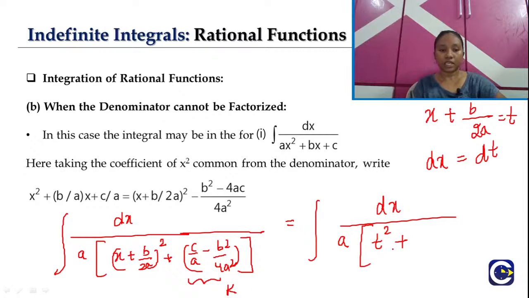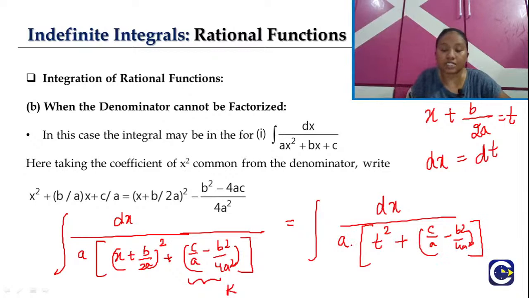Right? So I can substitute that here, or else we can just leave it as it is, as it's a constant. As it's a constant, I can pull out my a also. So now my integral will turn out to be dt by t square plus.